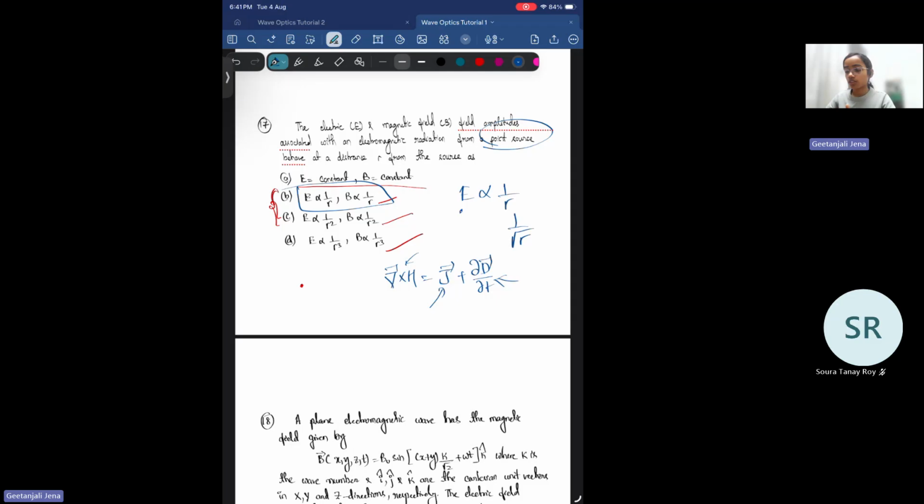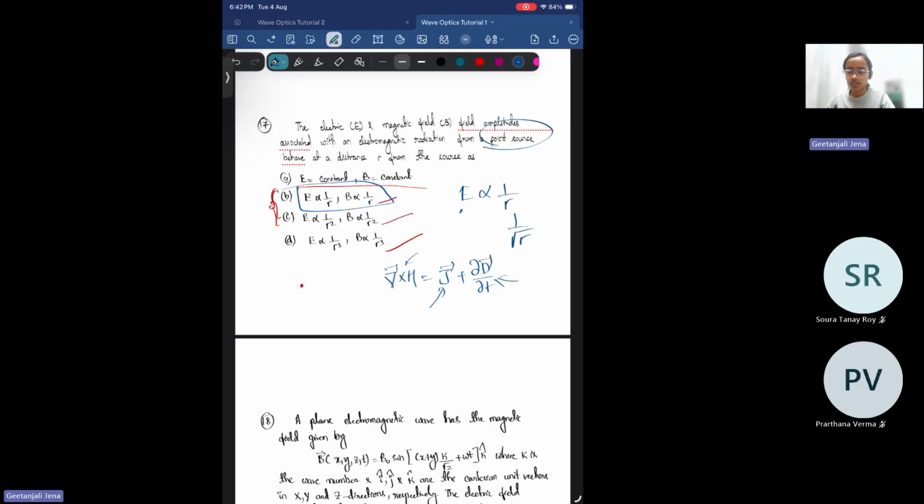And the radiation emitted by the dipole is quite different from the wave emitted by a point charge. So this is one of the differences between a point source and a point charge. Point charge means only one charge is there, and a point source is a combination of many charges. So I hope the explanation is clear to you.